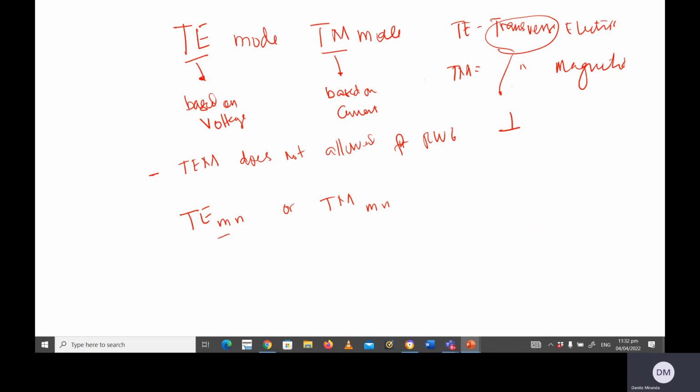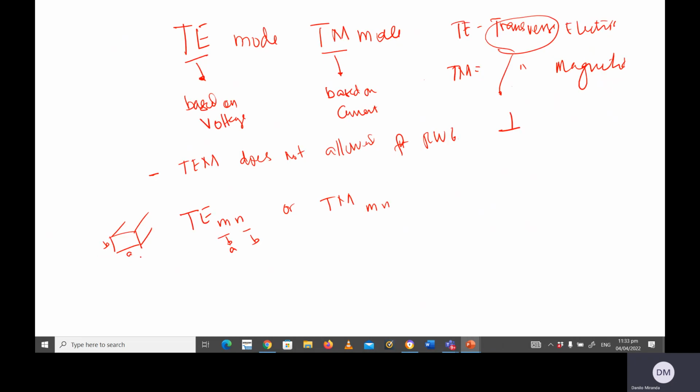So, alam, this is your A, and this is your B. Ito yung sukat na waveguide, tama. Ito yung B, ito yung A. Sometimes this is your N, this is your M. Okay? Ayan.